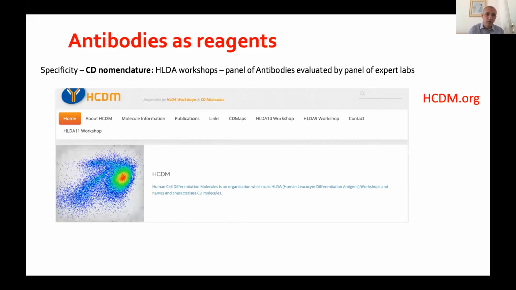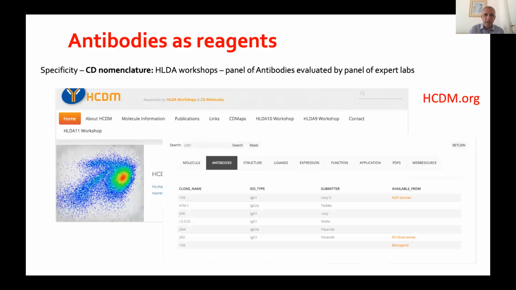It also runs the website where each antibody that was ever part of a workshop is mentioned, so we can find which antibodies were tested in a particular CD workshop, or against which CDs we have available reagents.